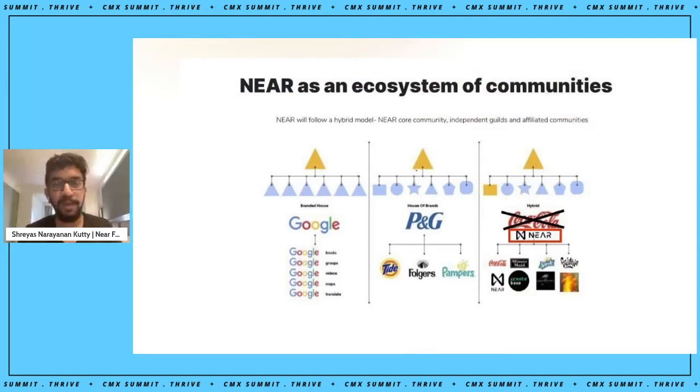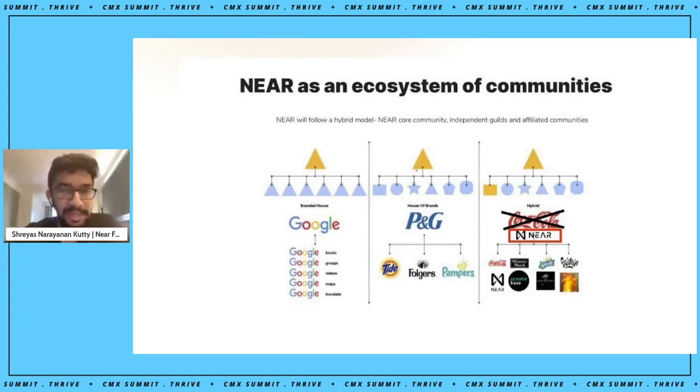If you have a marketing background or a marketing-adjacent background, this might be fairly familiar to you. But for those of you who are seeing this for the first time, this is how we essentially think about community. You have the branded house model, which Google is a great example of, right?